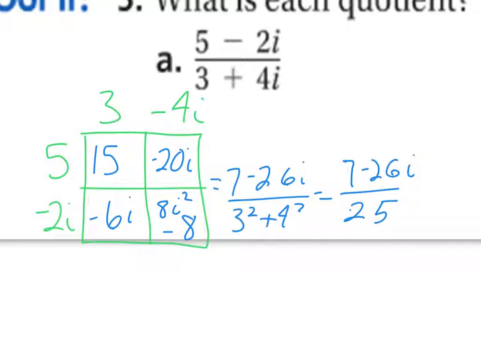Now normally we would leave this alone because we wouldn't want to reduce it if it's not going to reduce nicely, but it's a complex number, or imaginary number really, and so we have to write that in the standard form for a complex or imaginary number. So 7 over 25 minus 26 over 25 i.